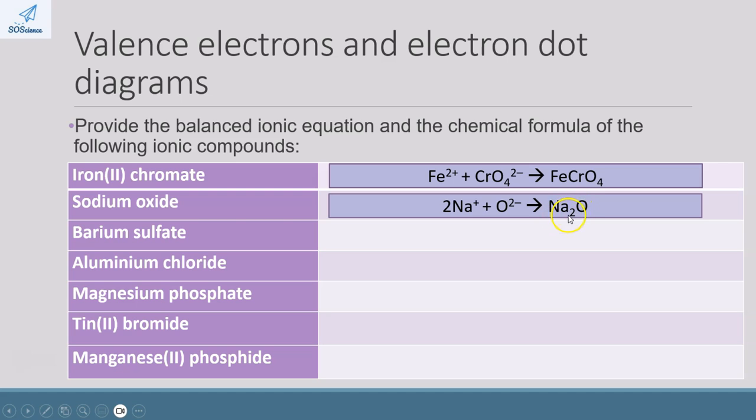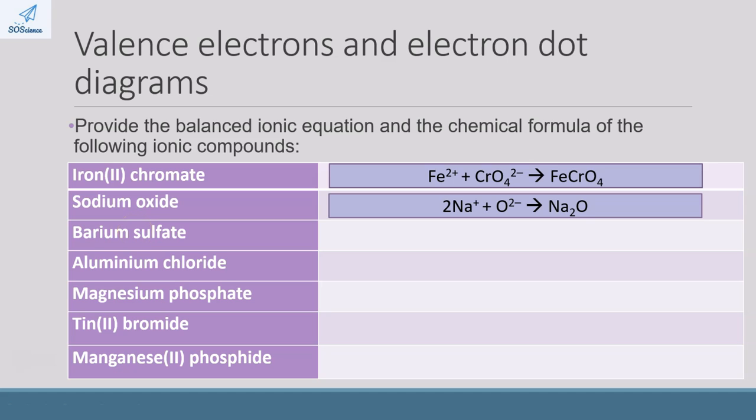So if we can figure out that this is the chemical formula of sodium oxide, Na2O, this 2 gives us an indication that we need to put a 2 on the left of the balanced ionic equation on the reactant side.